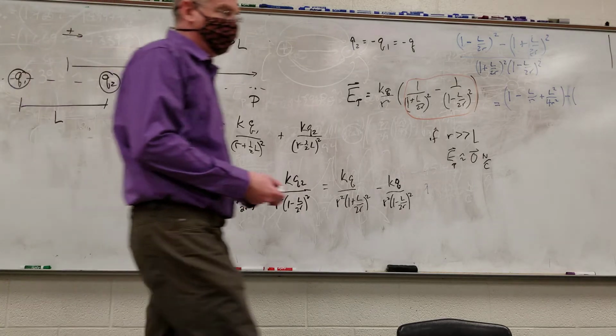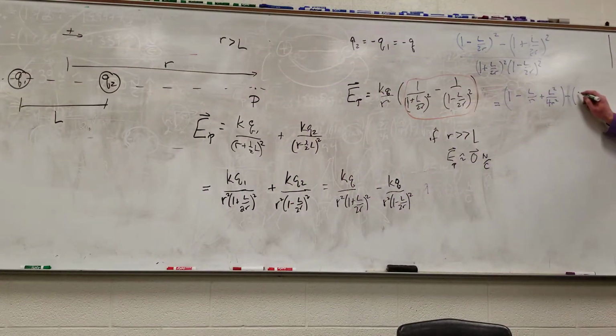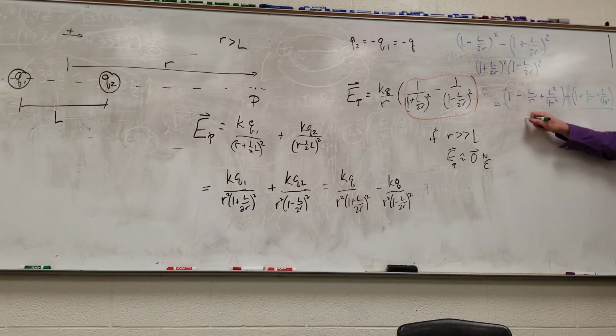We're stuck with green. 1 plus L over R plus L squared over 4R squared, over 1 plus L over 2R quantity squared, 1 minus L over 2R quantity squared.